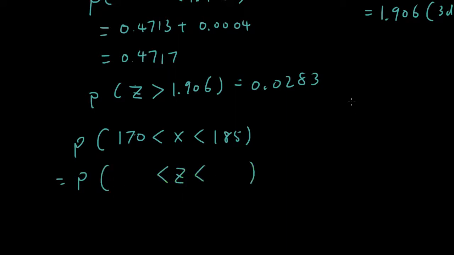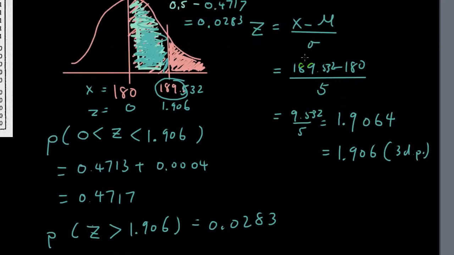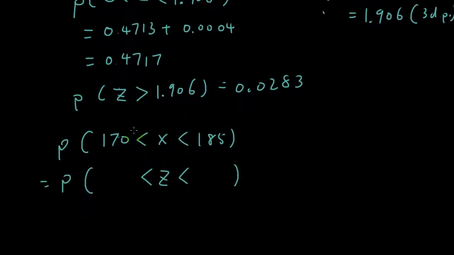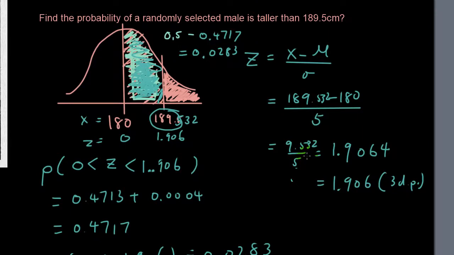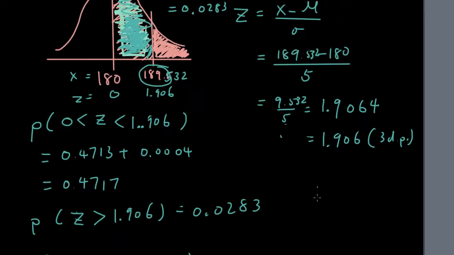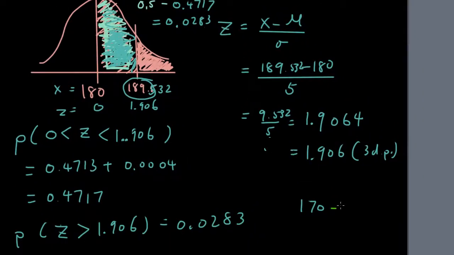Okay, so if you use the formula to convert from x to z, you will see that an x of 170 would have a z score of, so you would go 170 minus the mean is 180 divided by 5 is the standard deviation, so that's the z score.